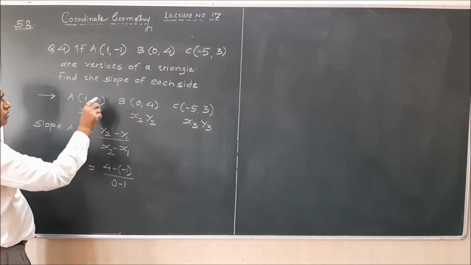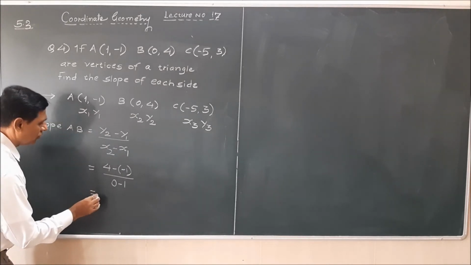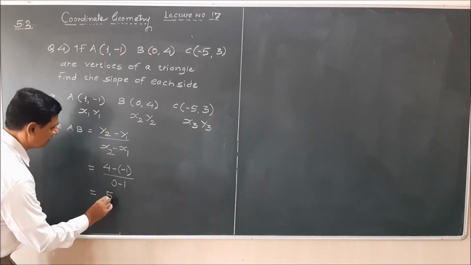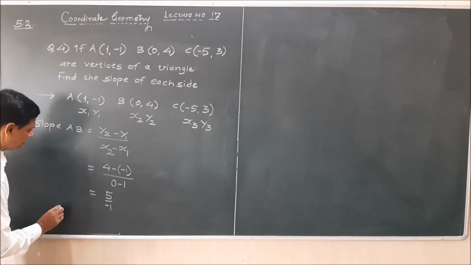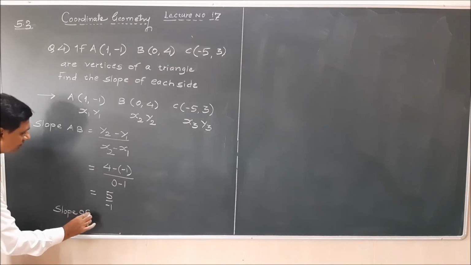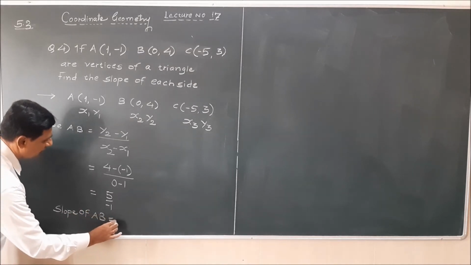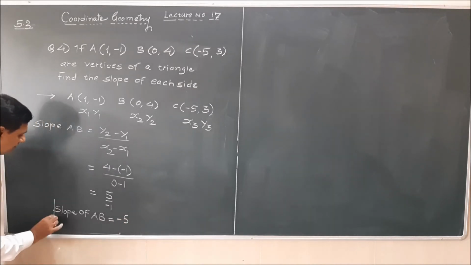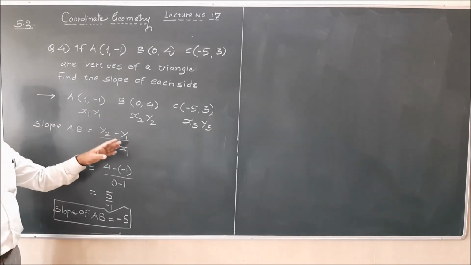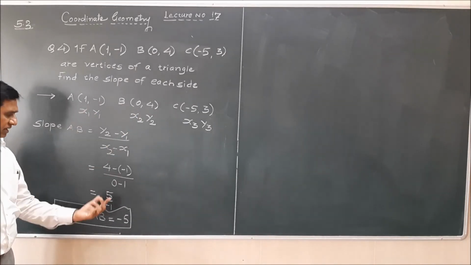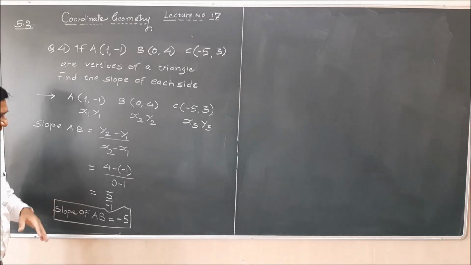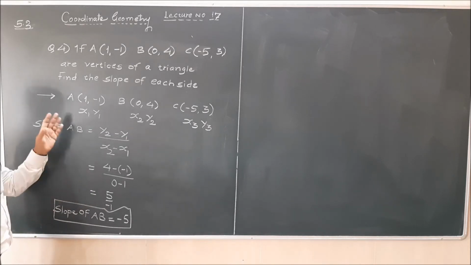Correct? 0 minus 1. So 4 minus into minus is plus, so 4 plus 1 is 5 upon minus 1. So slope of AB is equal to minus 5. y2 minus y1, 4 minus of minus 1 is 5, while 0 minus 1 is minus 1. So 5 upon minus 1 is minus 5. So we got slope of AB.